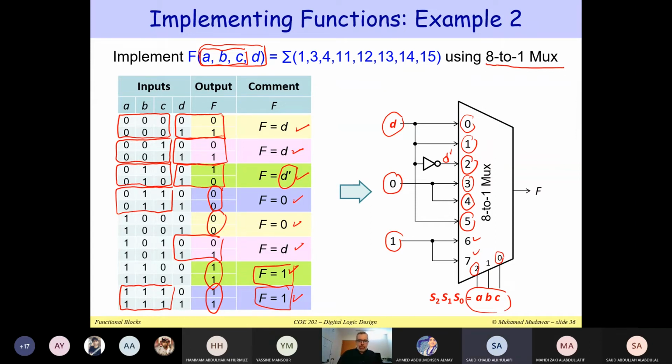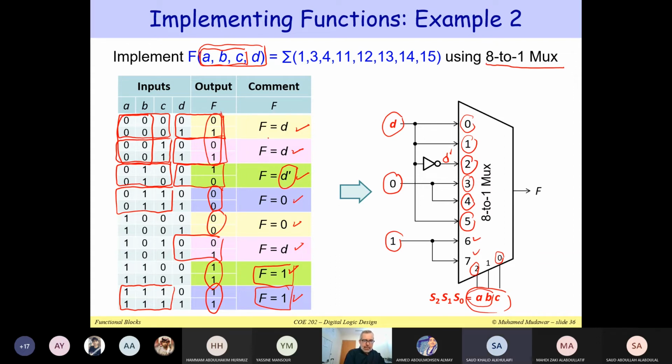If you use a 4-to-1 multiplexer, then you have to use only A and B, okay, as selection inputs, and you need to worry about C and D. If you use, for example, here A and B, then how do you define the output here?